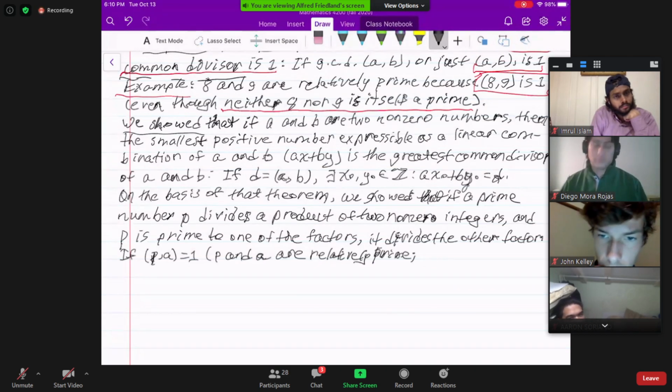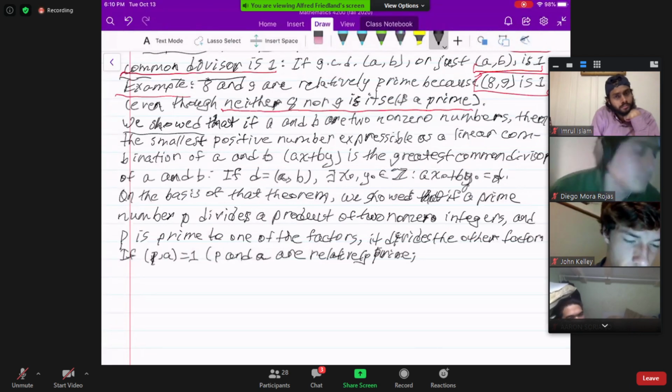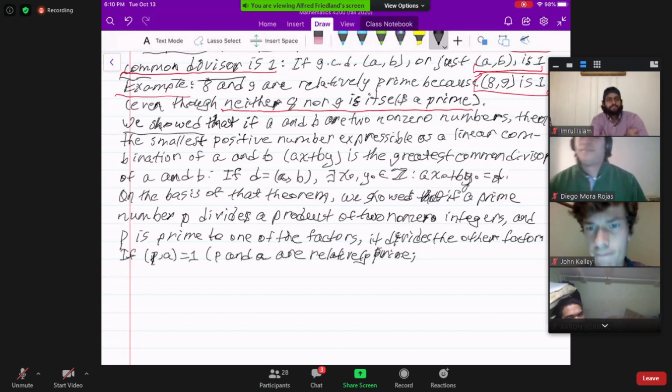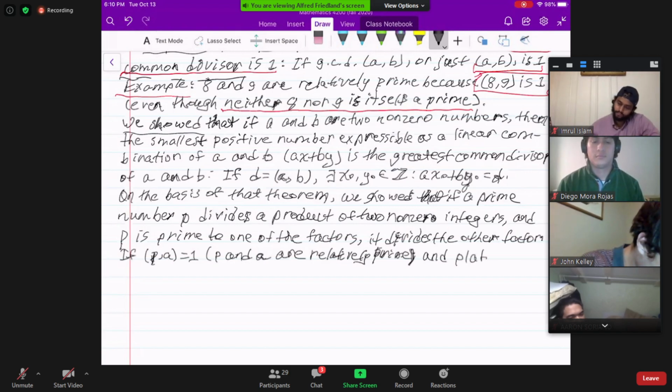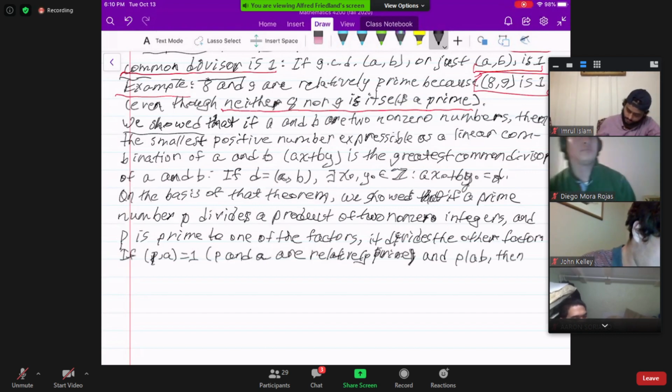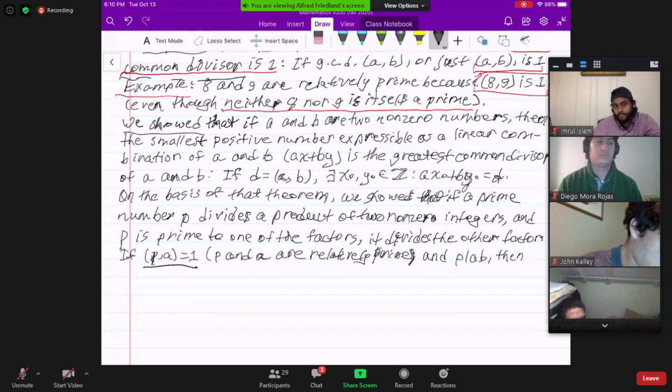So in this last line here, if the greatest common divisor of P and A is 1, and P divides AB, then what? P is prime to A. P and A are relatively prime. And here's P dividing a product.